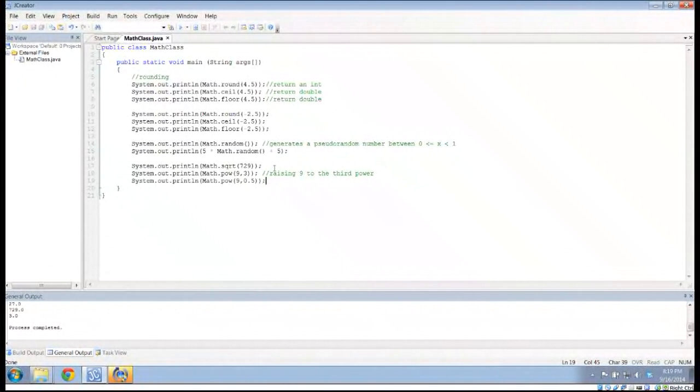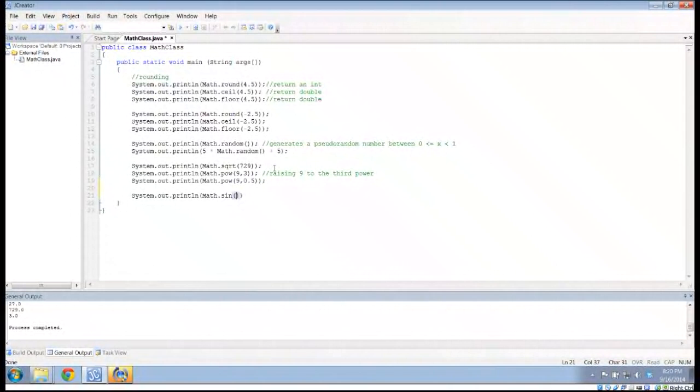And one other thing that we have to deal with here is we will often deal with trigonometric values like sine, cosine, and tangent. So I can ask it to find the sine of a particular angle.